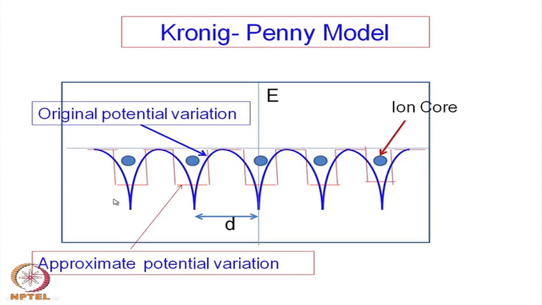Although this may be a more realistic potential variation, for solving these complex equations one has to make things a little simplified, a kind of square well or a rectangular well, instead of a continuously varying wave-like potential.